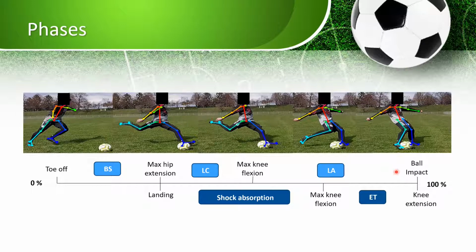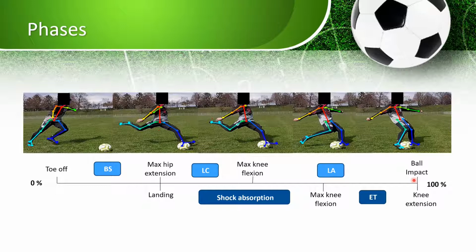So that's one of the performance indicators which a lot of researchers use to evaluate the kicking performance, powerful kicking performance. But there is actually another performance indicator, which is the point of ball impact. Of course, if you miss the point of ball impact, the ball goes everywhere, and you probably miss the potential to maximize the ball speed.